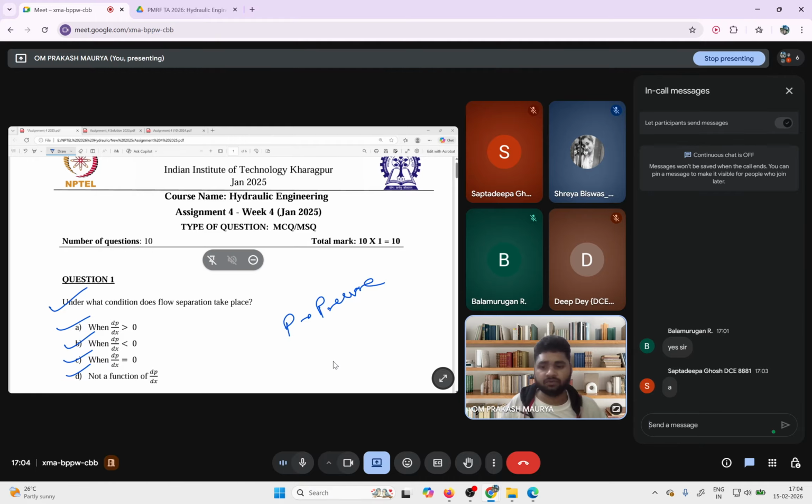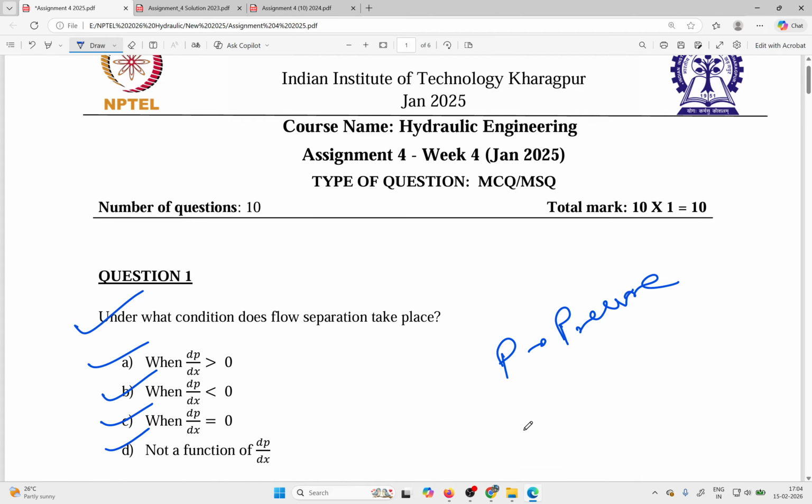Okay, so let me explain. Yes, option A is correct. When the pressure gradient is greater than 0, then you can say your boundary layer will separate.